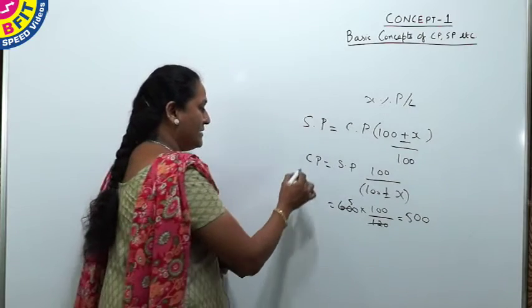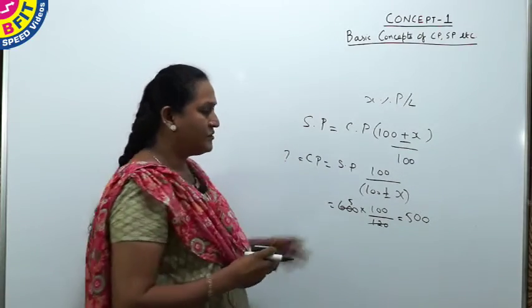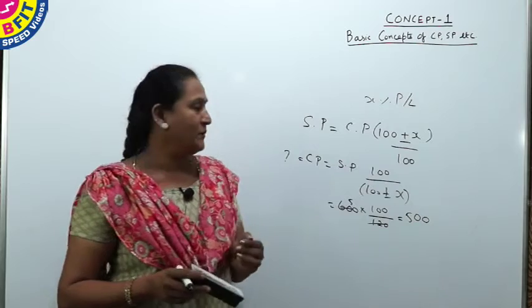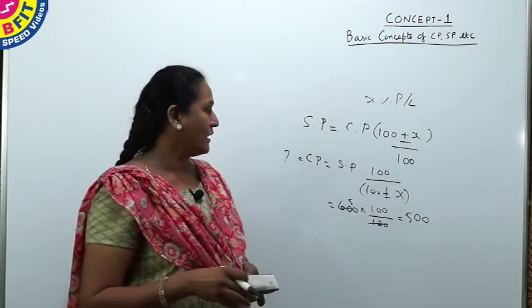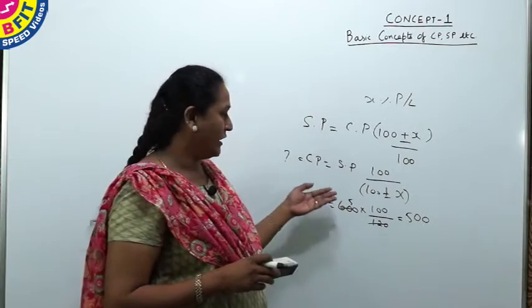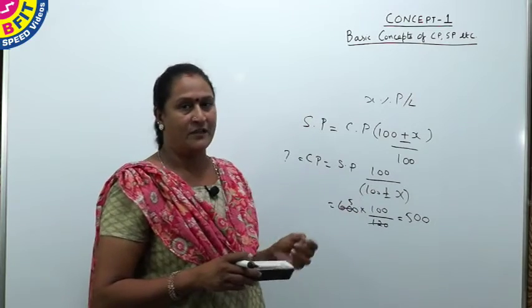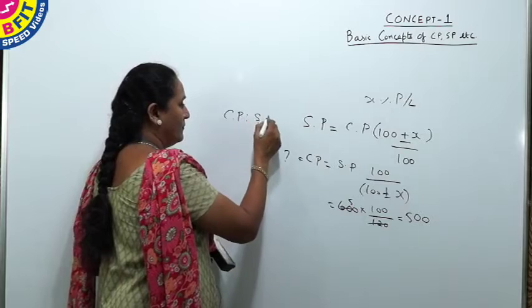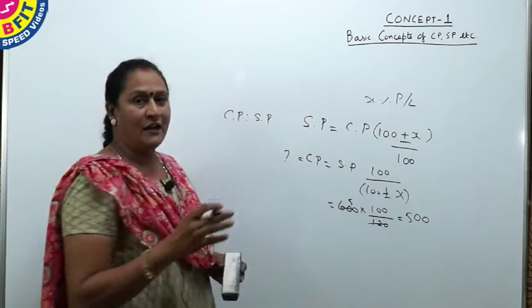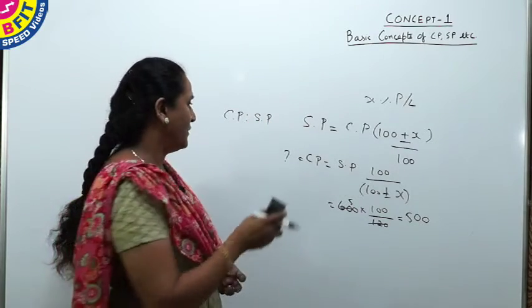And now when the base is asked, instead of working this, I'll tell you one simple method to work it out. I have already told that ratios will be very simple to work out. So using the ratios, you can find the values for cost price if it is asked. We'll write the ratio of cost price and selling price.